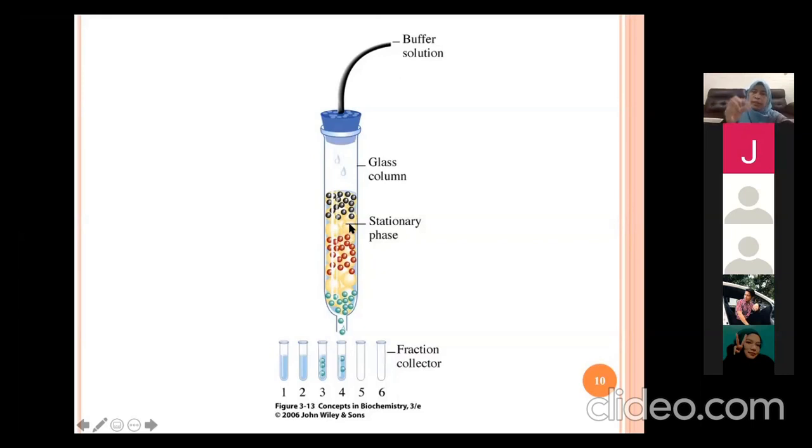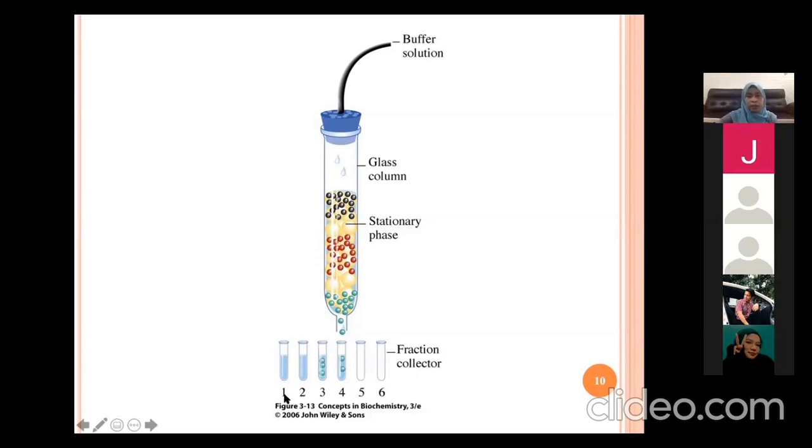That means it is a bit inside, like a filter, something like that, inside the column. Okay, so once we have the glass column together with the bead, the stationary phase, the filter there, then this filter will start to differentiate what will be the first fraction.